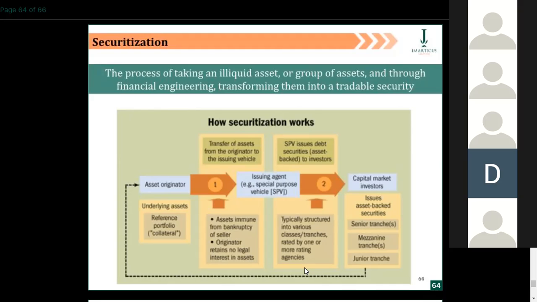This process is called securitization, and this was quite popular back in 2008. It is not popular today, but this is how a lot of securities were sold to the investors.